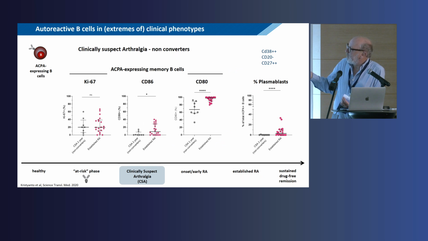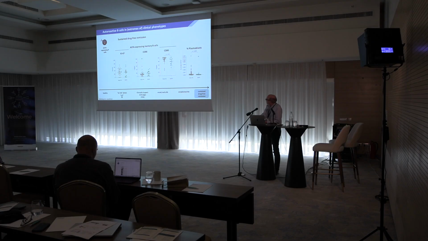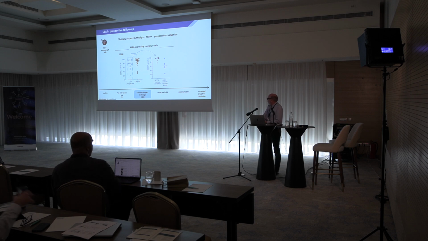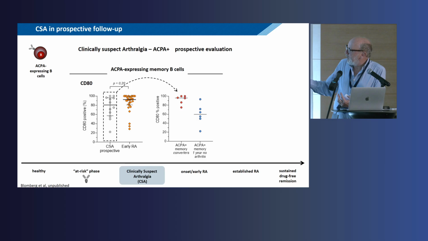What you see is higher levels of CD80 and higher levels of CD86, but the cell division marker is exactly the same. So we have some indications, but not very good ones, and this is sustained drug-free remission. Let me not give you all the data, but I think this is probably the best data that the B cells are really different between the patients who are converters versus non-converters.